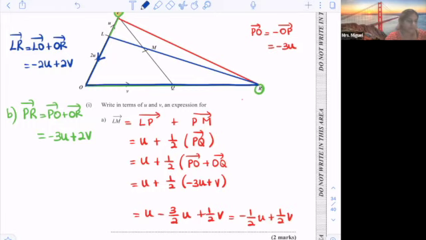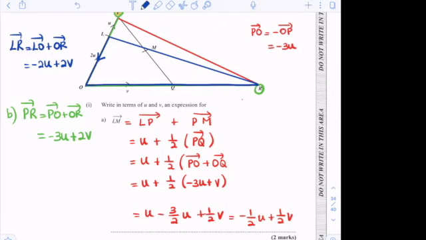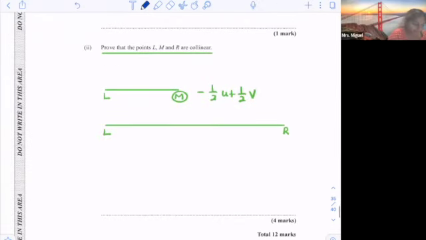You have that? Yeah, miss. Right. So this vector is minus 2u plus 2v.